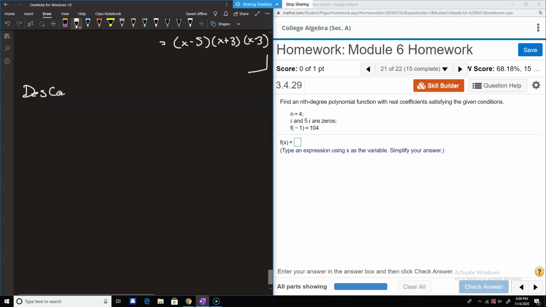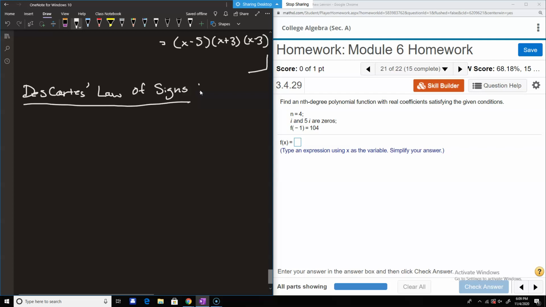So Descartes' Law of Signs. Do we know who Rene Descartes is? The French mathematician and philosopher. So, the XY plane that we draw everything on, that's named after him.